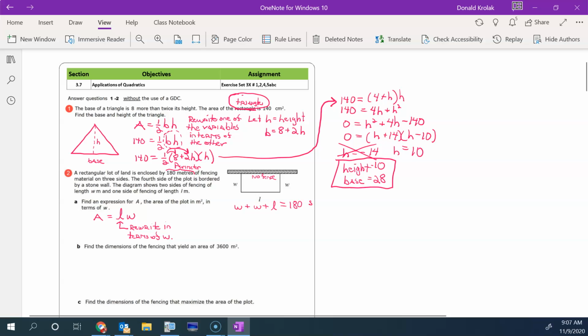Okay, now all I'm going to do is solve for L. Subtract 2W.